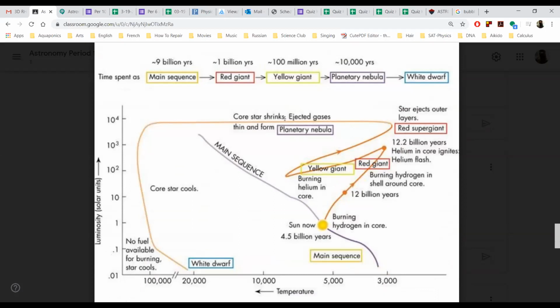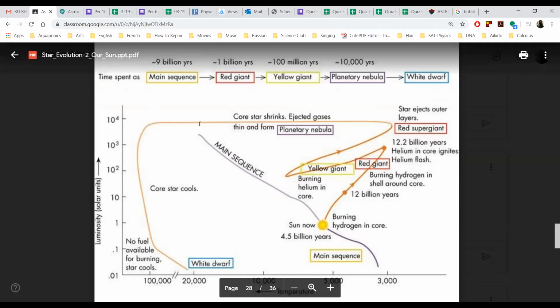The core continues shrinking since it doesn't have a fusion mechanism, and it slowly drifts away. It's a very slow process because the surface area of the star is quite small, so it will lose heat slowly. And eventually it will cool down, and its temperature will go down, luminosity will go down.